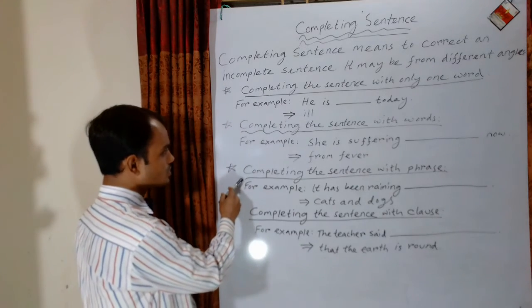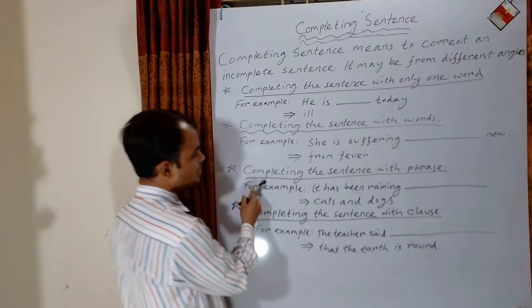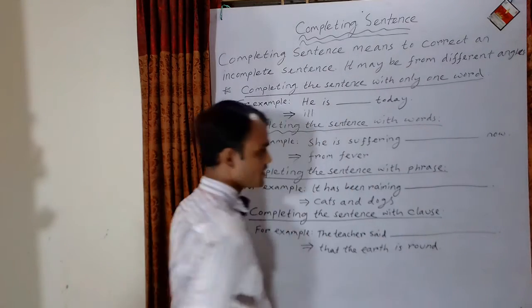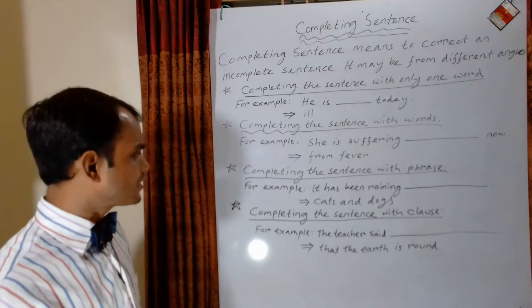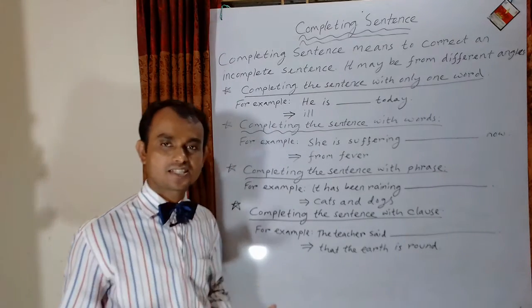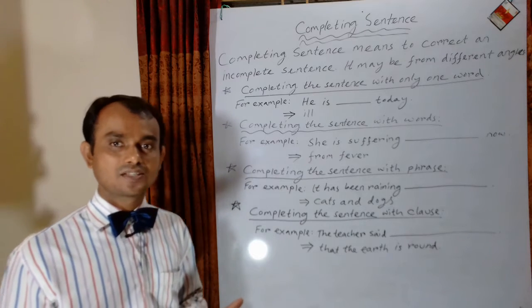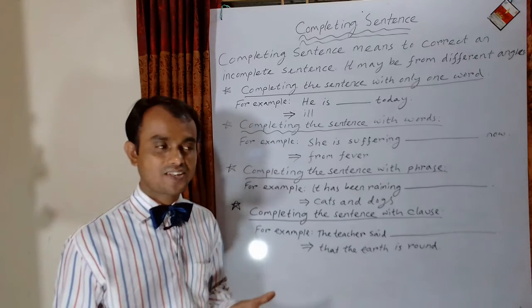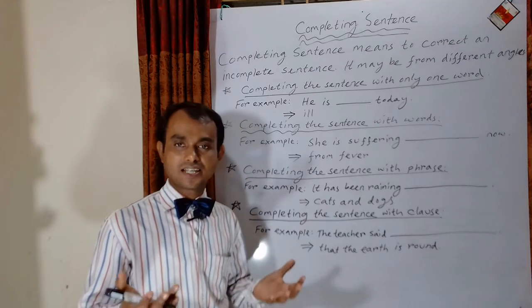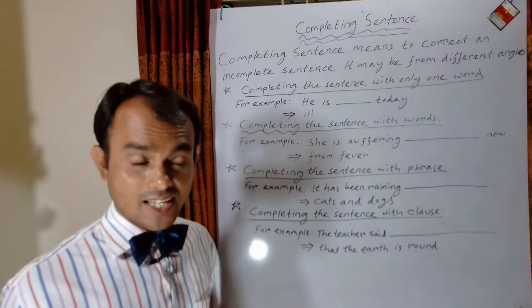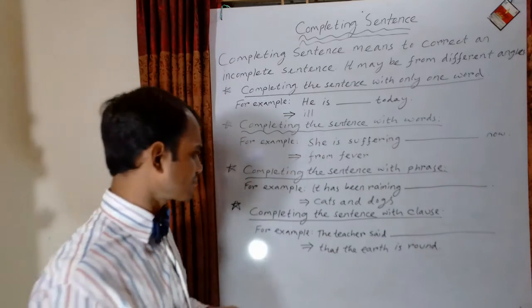The next option or angle, completing the sentence with phrase. Whenever you are asked to complete a sentence with phrase, you have to understand what is phrase. Phrase is a group of words that does not contain a subject and a finite verb.